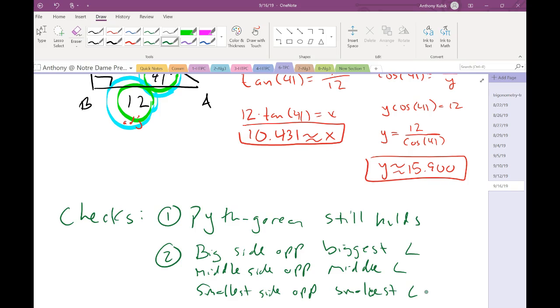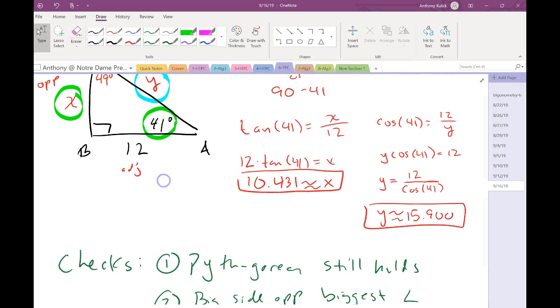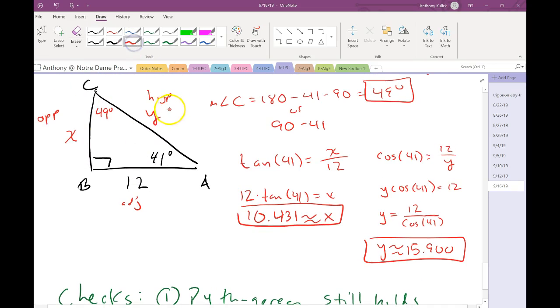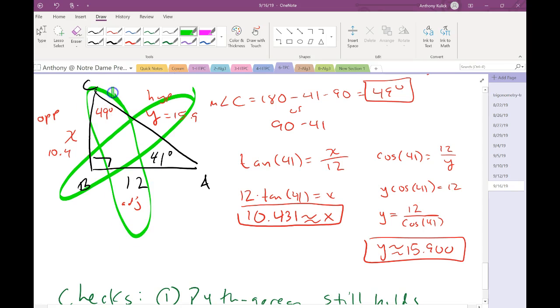So let's go back and look at our information here. So our biggest angle is the 90 degrees. And I notice that that is opposite the longest side. The middle angle is 49. That's opposite the middle side.